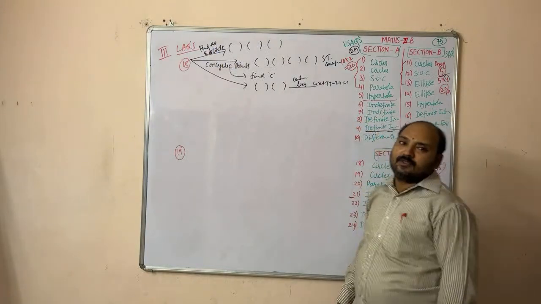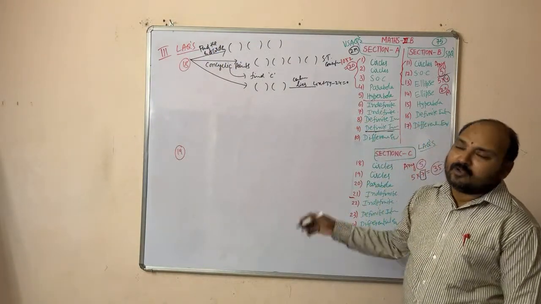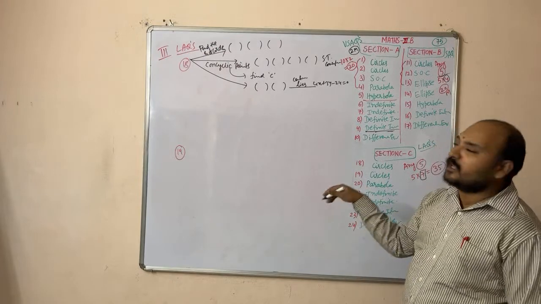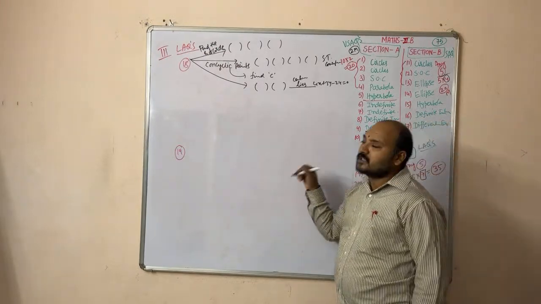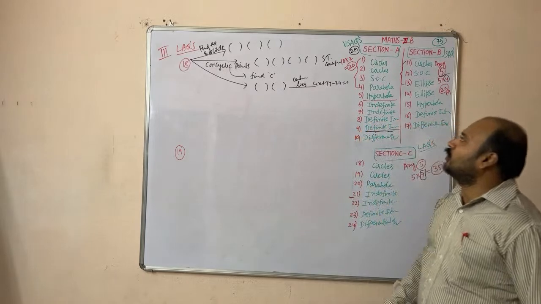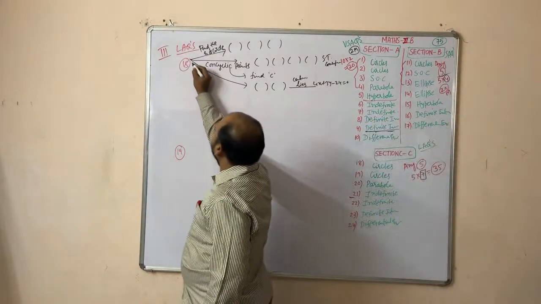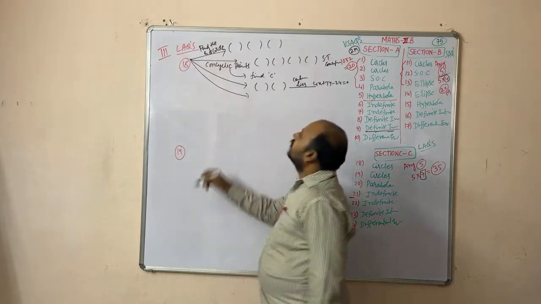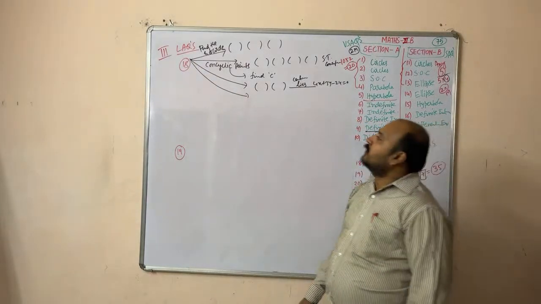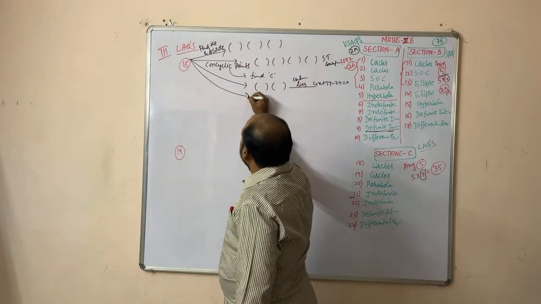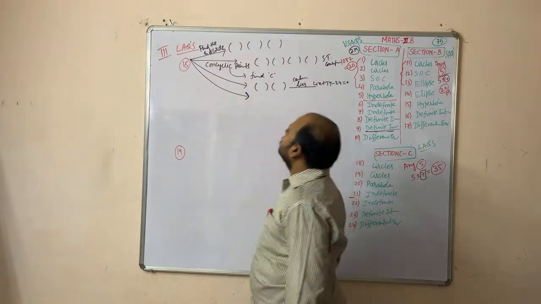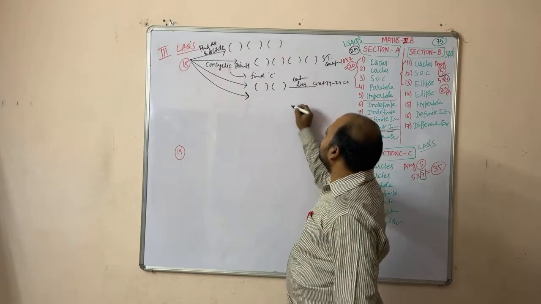Concyclic points. Recently I kept videos, dear students, in a separate playlist: SAQs of circles, LAQs of circles, like this. You can go to that. In this, one example question is there.